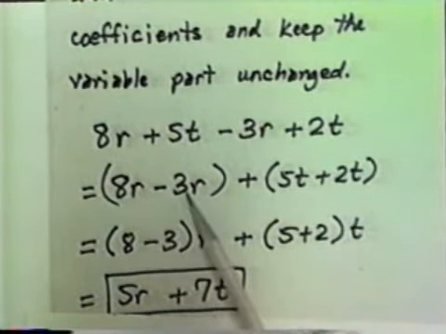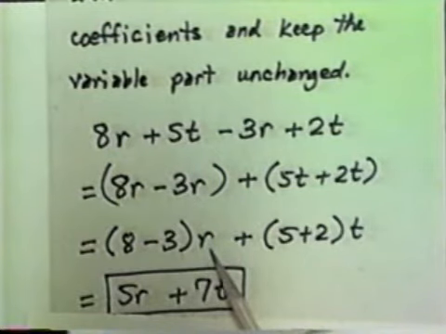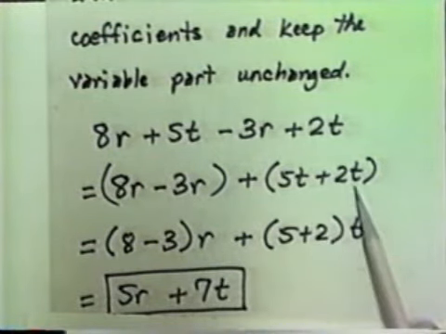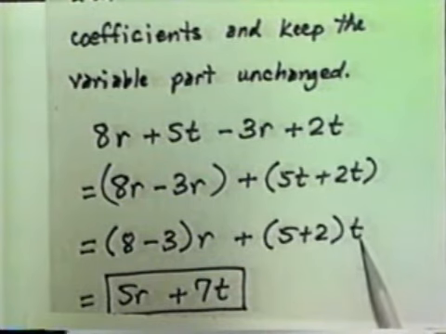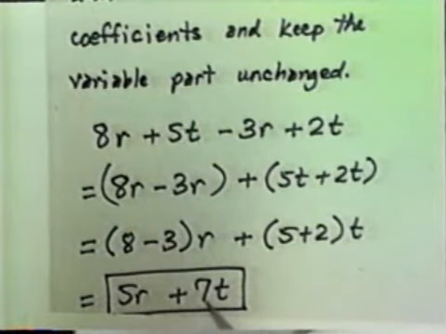When we took 8r subtract 3r and wrote this as 8 subtract 3 all times r, likewise 5t plus 2t we wrote as 5 plus 2 times t. That enabled us to do simple operations, 8 subtract 3 to get 5, 5 add 2 to get 7, and come up with our answer by using something we already knew well.